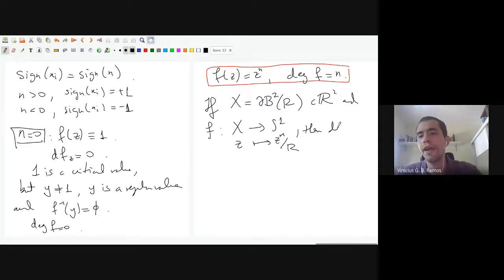Then again the degree of f is equal to n. This is something that we're going to use in a little bit.